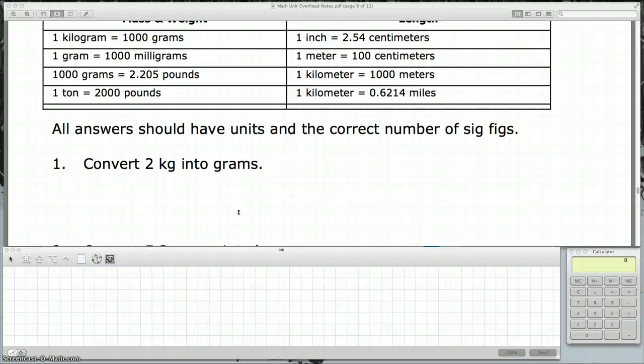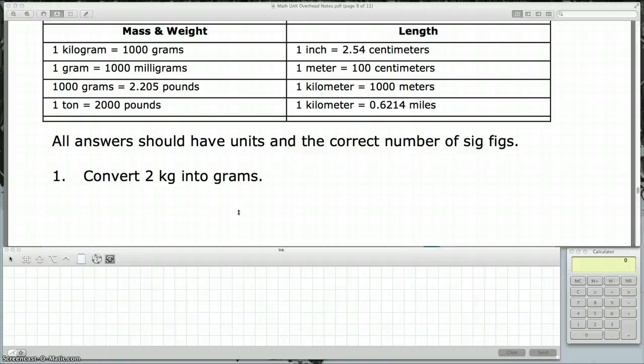First example is convert 2 kilograms into grams. So, the way I do this, if you remember back your steps, first thing I do is I write the starting number, 2 kilograms. Next thing I do is I write times blank line.